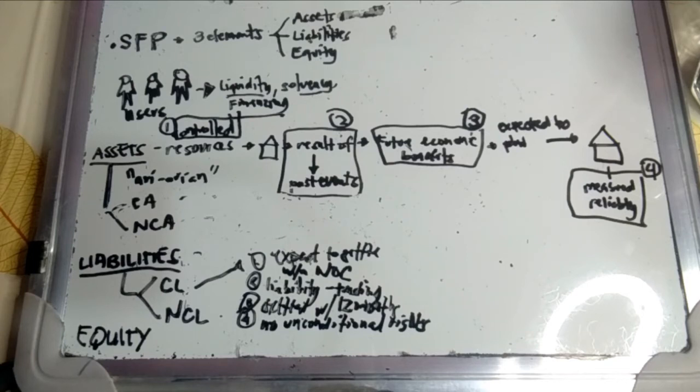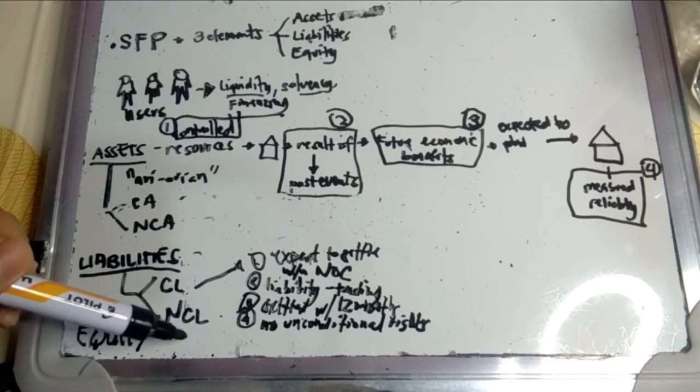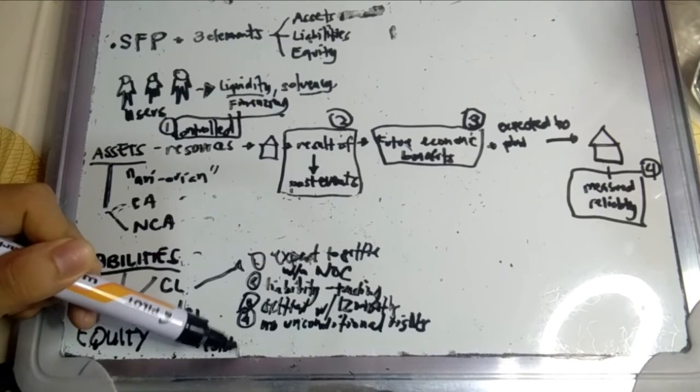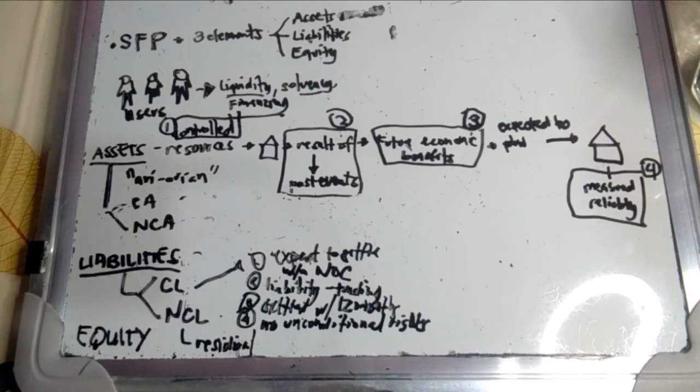And number 4, there must be no unconditional rights to defer the settlement. Meaning, wala kang right para i-extend yung pagbabayad. Again, residual definition ng non-current liability. A non-current liability must not be a current liability. So, residual definition tayo. So, if hindi current liability, non-current liability yan.